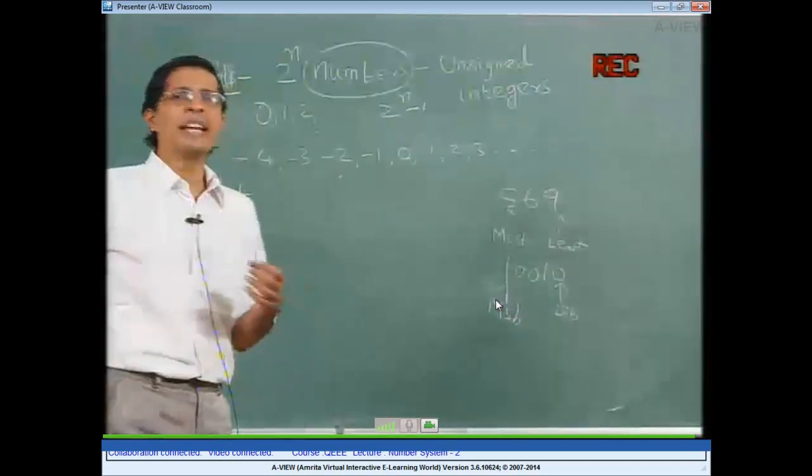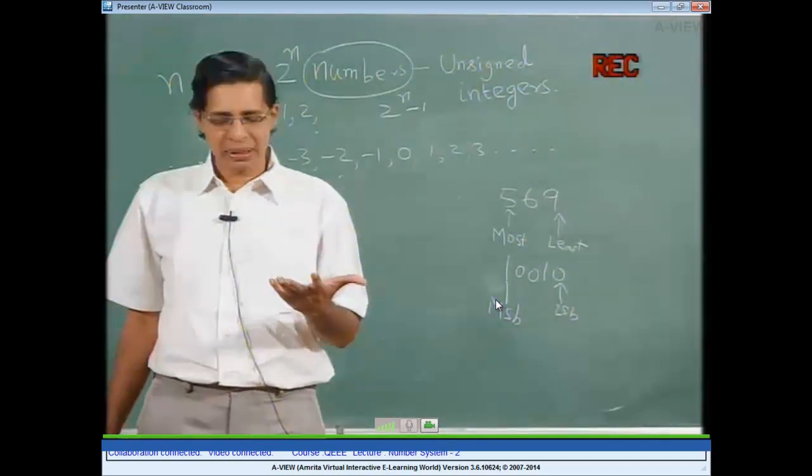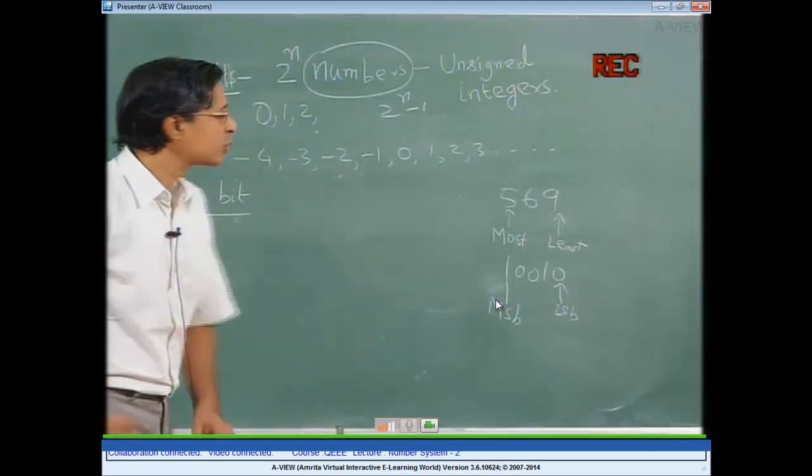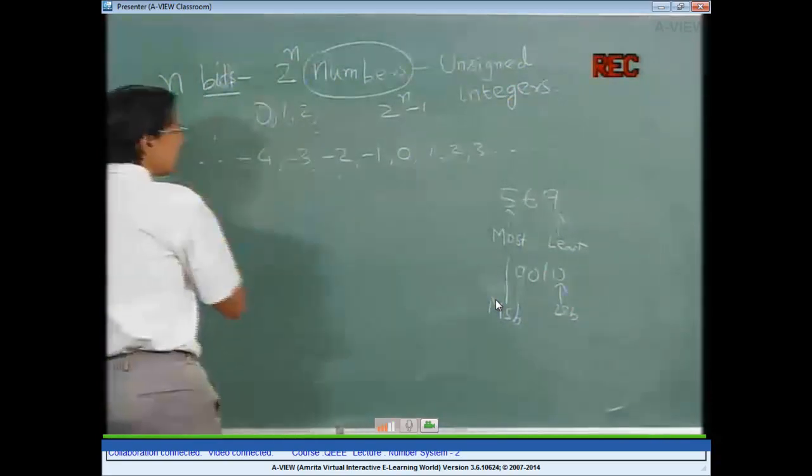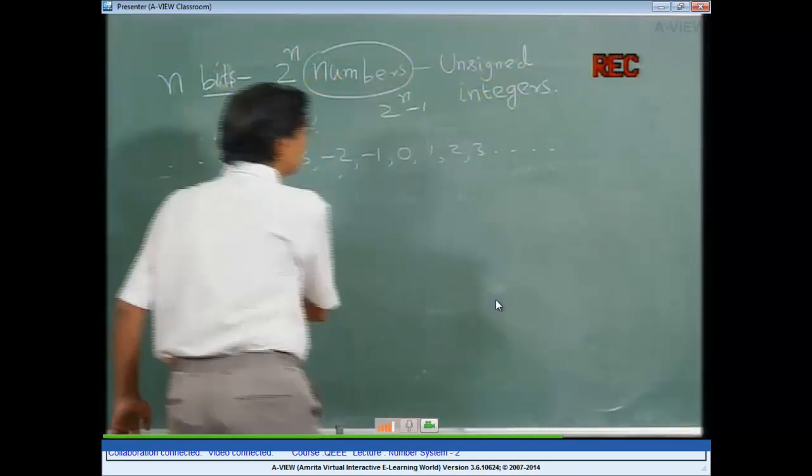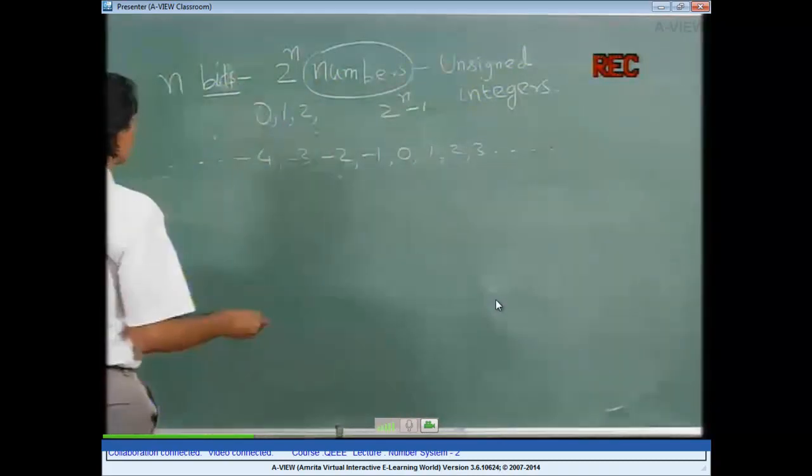So one of the immediate or quick ways of representing signed numbers is what we call the sign magnitude representation.